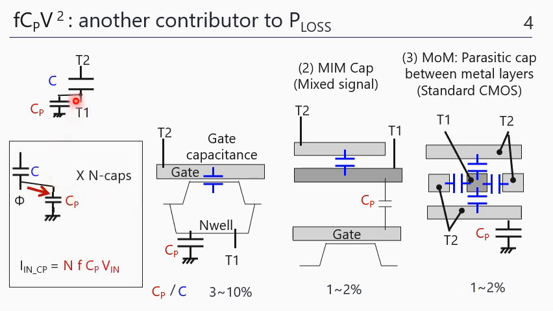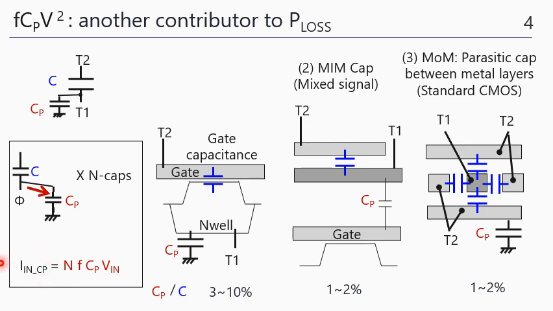Because this node T1 is driven 0 to V per cycle, this must be considered in the power loss.